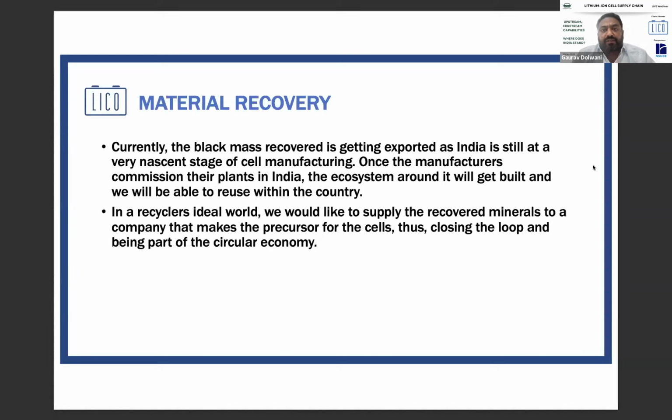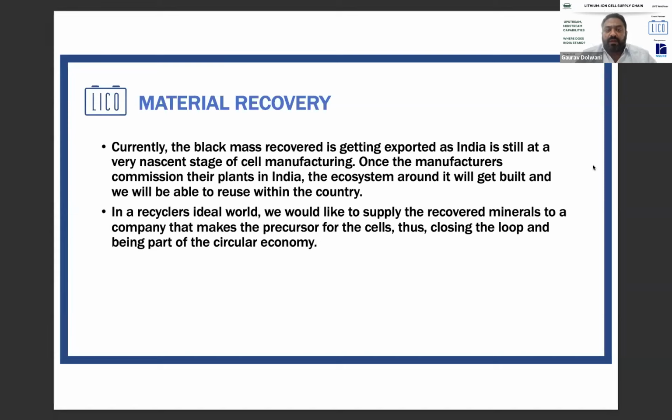Once those cell manufacturers end up setting up in India, and around them there would be anode and cathode precursor companies, as they mentioned, the gentleman from Nomura said, companies like Epsilon.